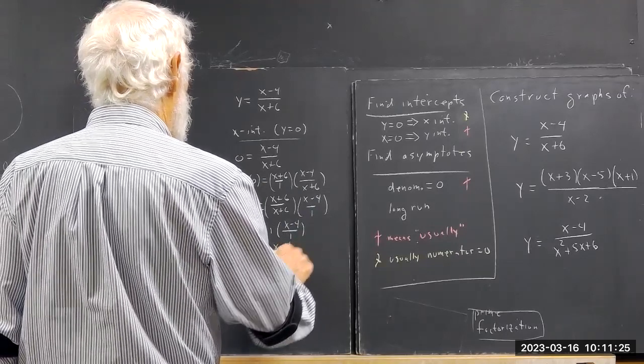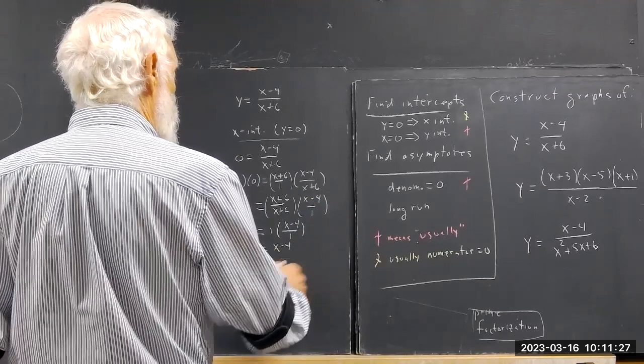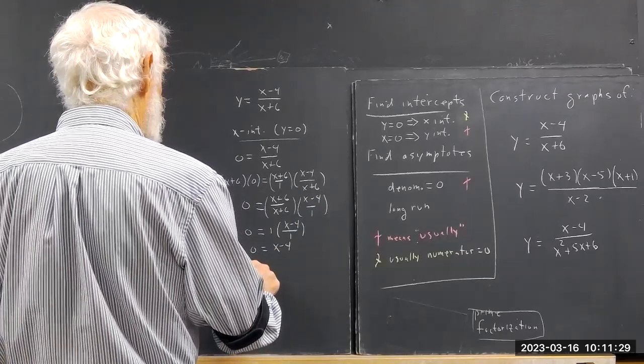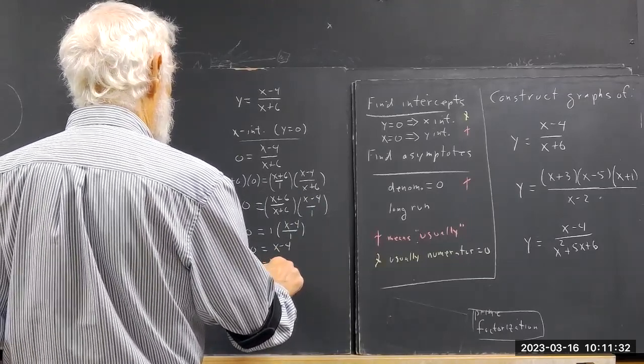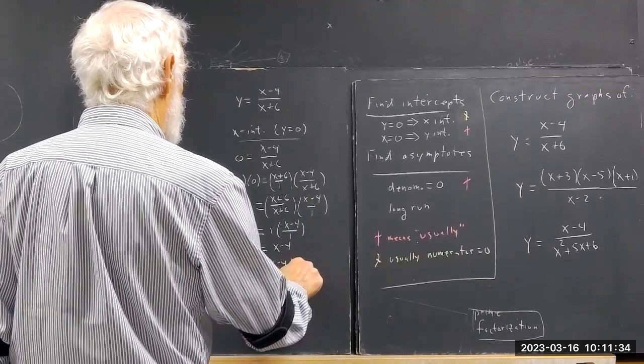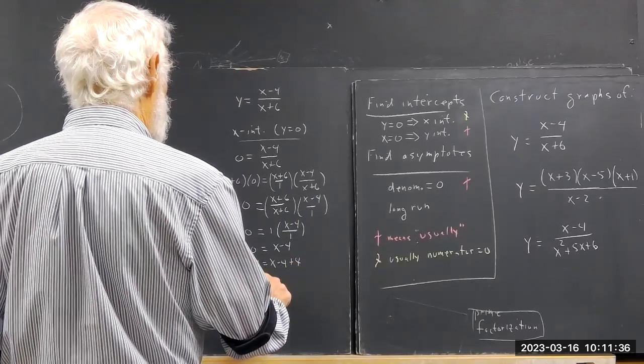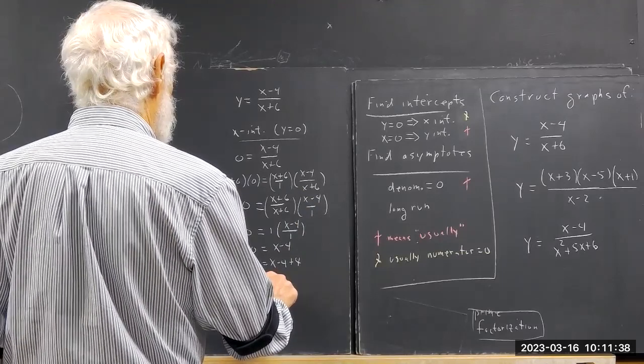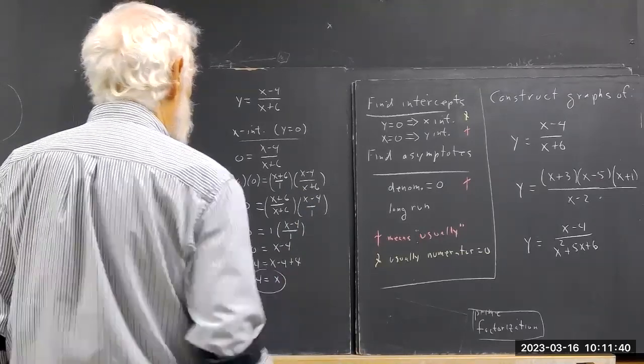Then I add 4 to both sides, and I get x equals 4.